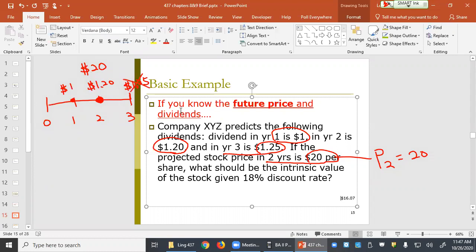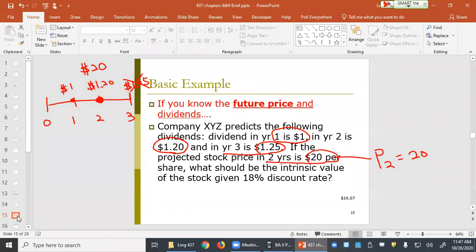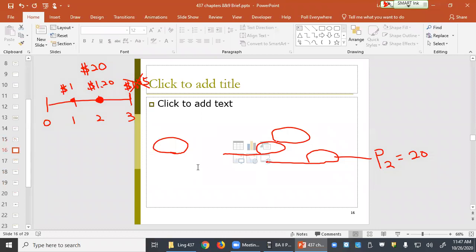Why is it irrelevant? It happens presumably after you sold the stock. Exactly. So let me insert a slide.